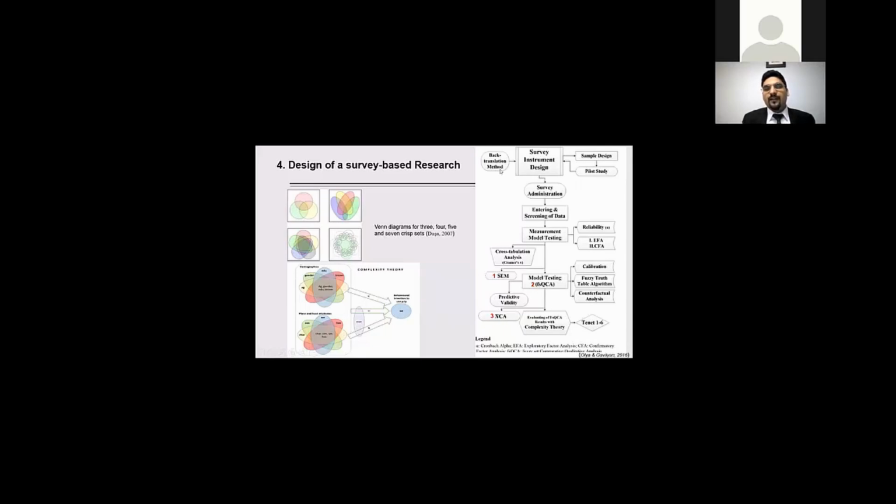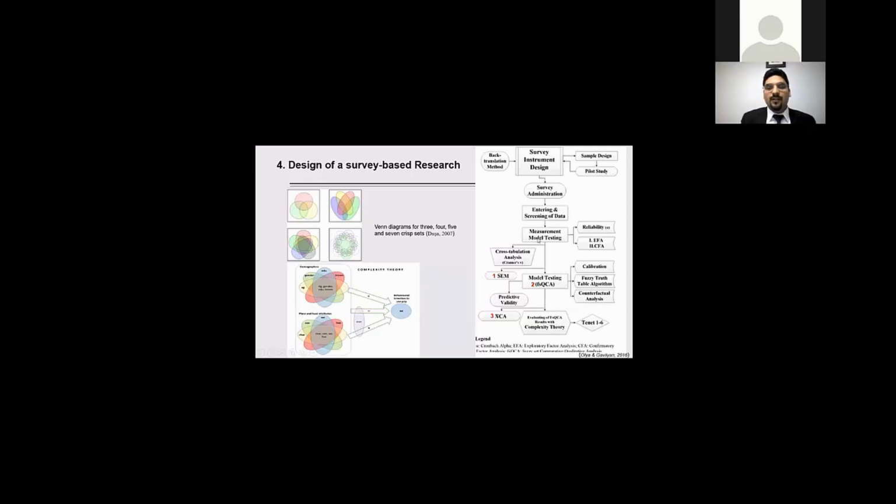If you need more information, you can go to the original articles. I provided sources, and at the end of the slides you can see more references. Then you will collect your data in the field. After the collection of the data, you need to enter your data, deal with missing data, and screen the data.